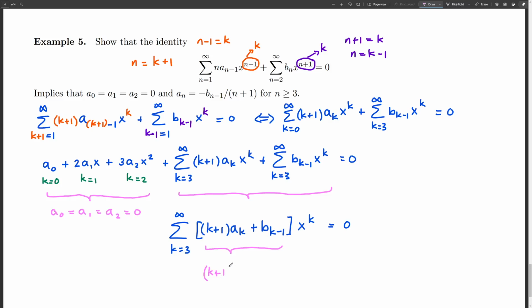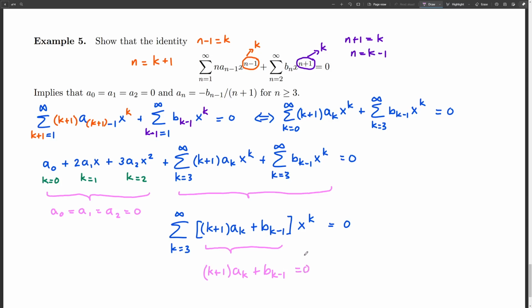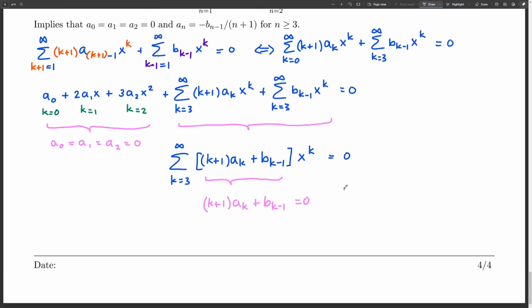So we have k plus 1 times a sub k plus b sub k minus 1 equals 0. And this is for all k greater than or equal to 3.